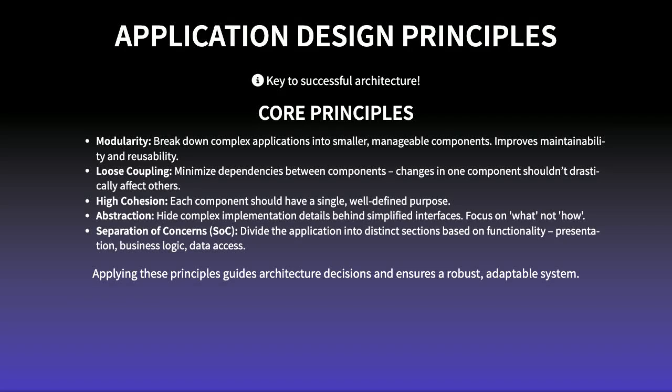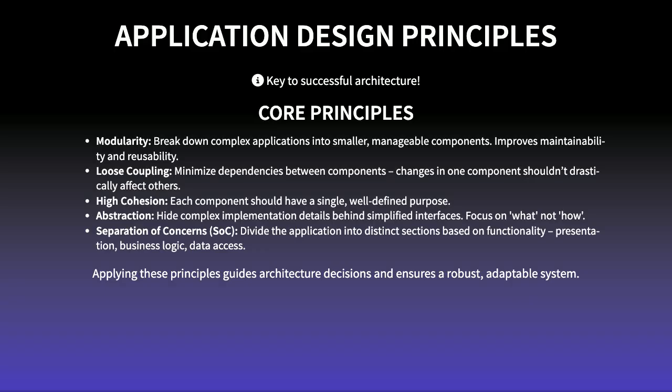Okay, let's talk about some really important design principles when building applications. First, we want to think about modularity, breaking big, complicated apps down into smaller, easier to manage pieces. This makes things way simpler to maintain and reuse later on. Next, loose coupling is key. You don't want your components to be overly dependent on each other. Changes in one part shouldn't break everything else.